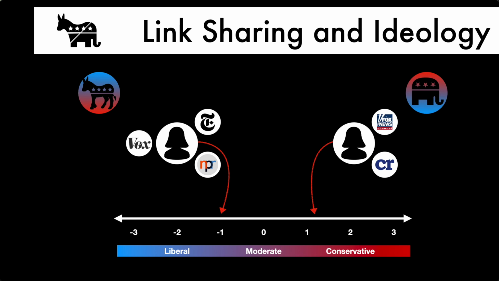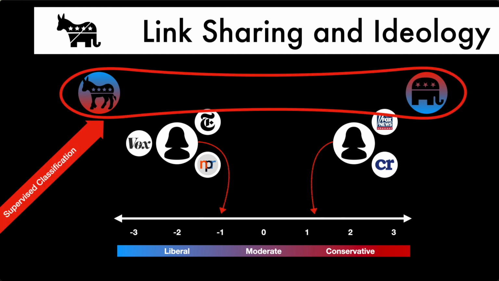So one example here that I've talked about in the past is this idea of ideology prediction given the news that you share, the news sources you share. We know that your news diet is heavily predictive or heavily correlated with your political persuasion. So we can talk about two different kinds of supervision here. One is we know which political party you belong to, and we're trying to predict, given interactions with these news sources, can we classify whether you're Democrat or Republican?